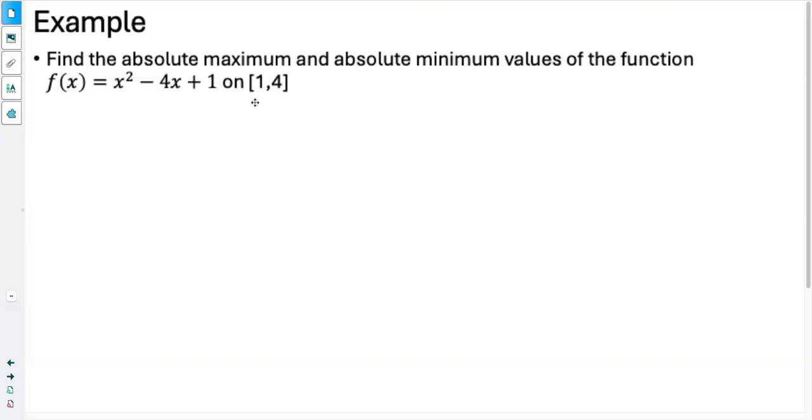So first thing I'm going to do is take the derivative of this. That's going to give me 2x minus 4. So this one only has one critical point, and that's going to be at x equals 2.